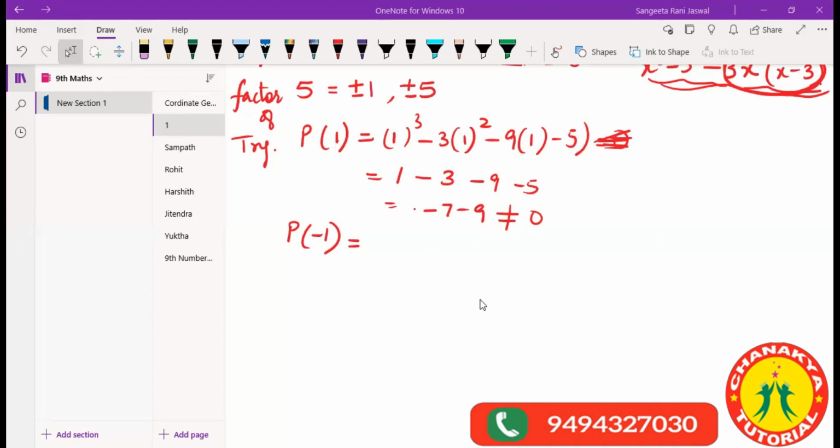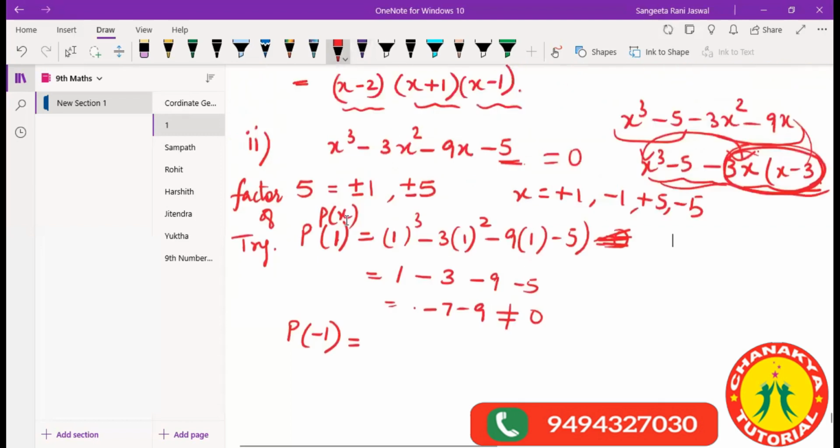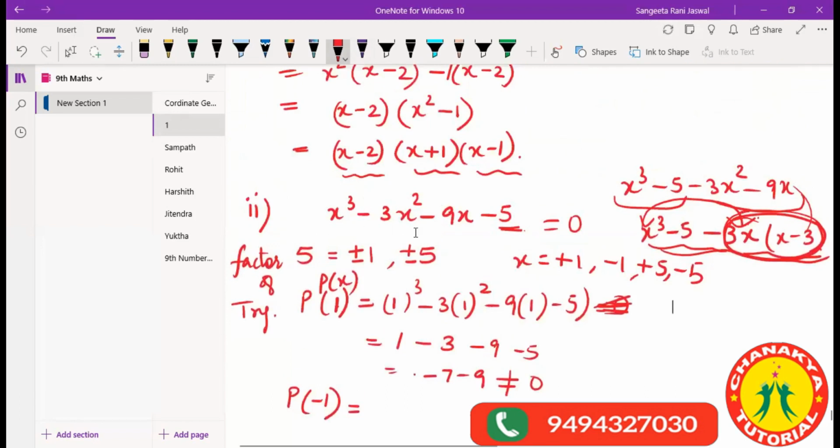In place of x, I took p of 1. I am trying x with all the numbers: plus 1, minus 1, plus 5, minus 5. So I tried with p of 1 first. Wherever in this equation I had x, I kept the value of 1.